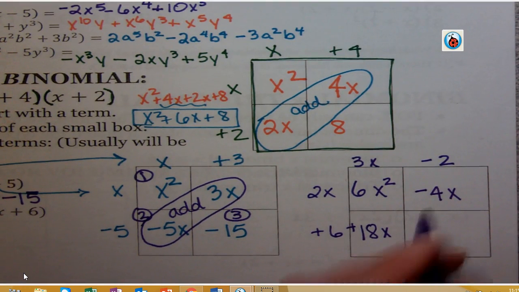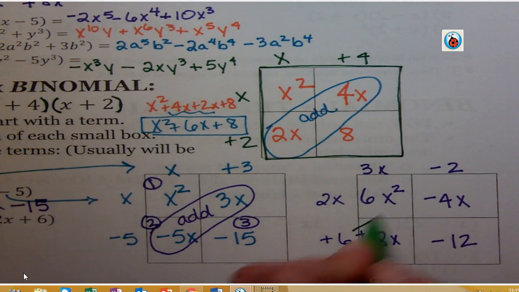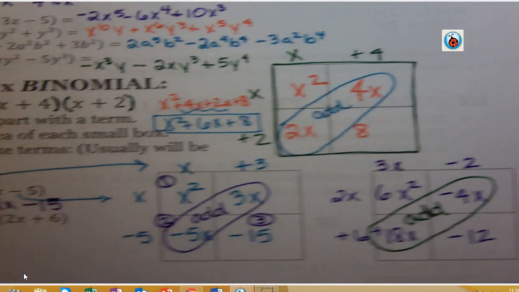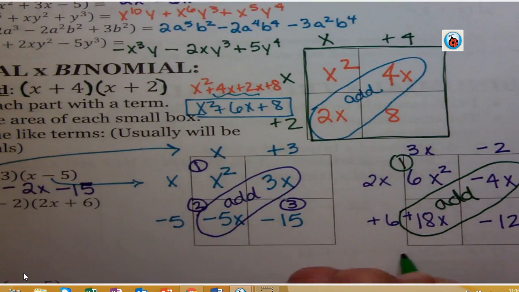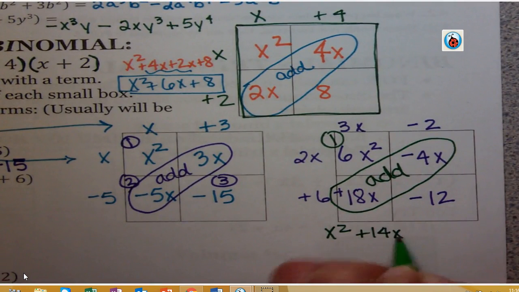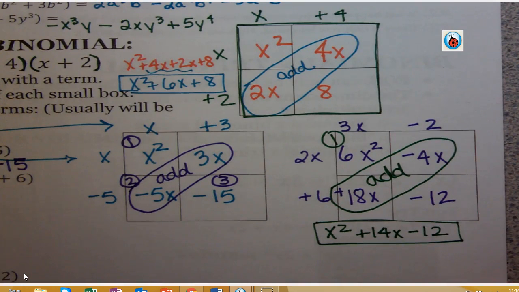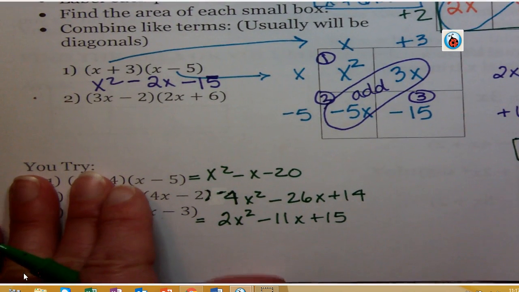Negative 2 and positive 6 is negative 12. Then, when I combine and add, this is going to be my first term, and we go in descending order. So my x squared is going to be first. My plus 14x is second. Minus 12 is third. Okay, now you try the next ones. And here are the answers. Make sure you know how to get them.